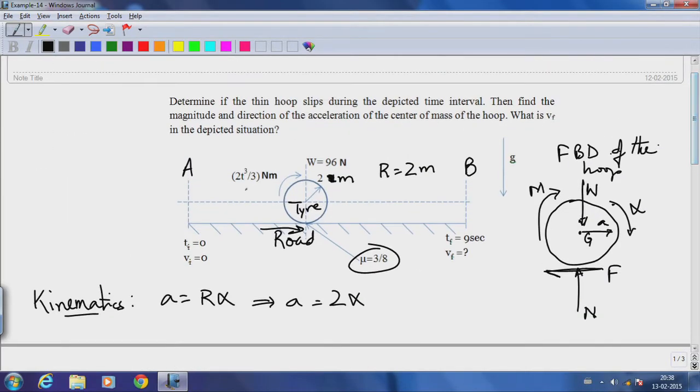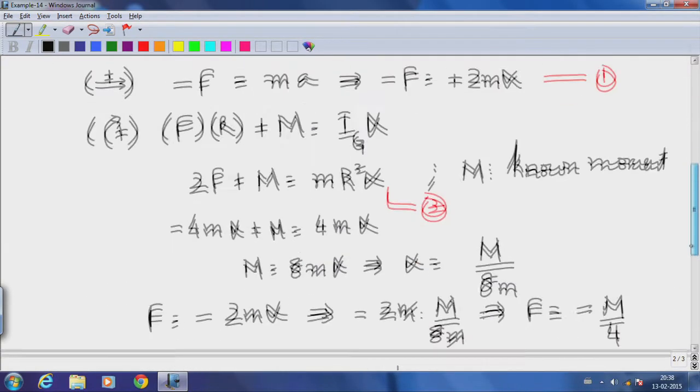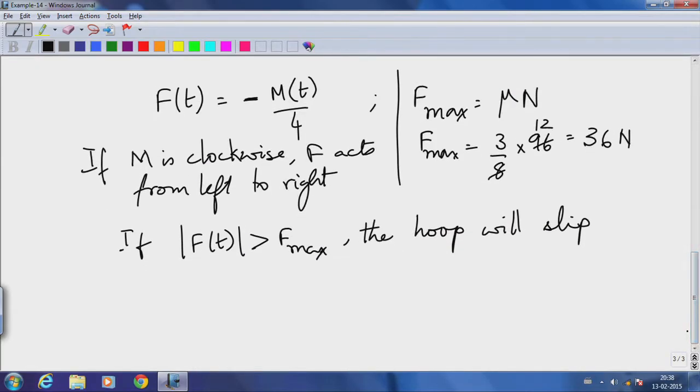The magnitude acting is 2t cubed over 3. So, let us plug that in there. So, 2t cubed over 3 times 4 is greater than 36 newtons. Whenever this condition is achieved, the hoop is likely to slip.